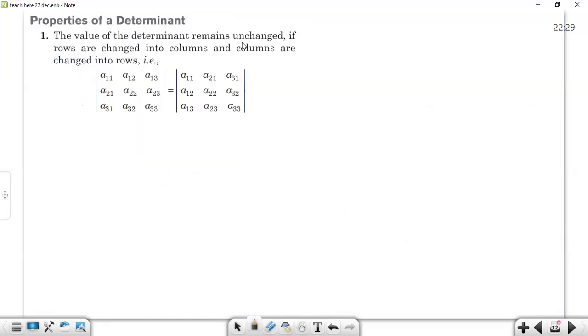Let's now discuss the properties of a determinant, and these are really important. The value of the determinant remains unchanged if rows are changed into columns and columns are changed into rows, and this happens when we take the adjoint, when we transpose any matrix.